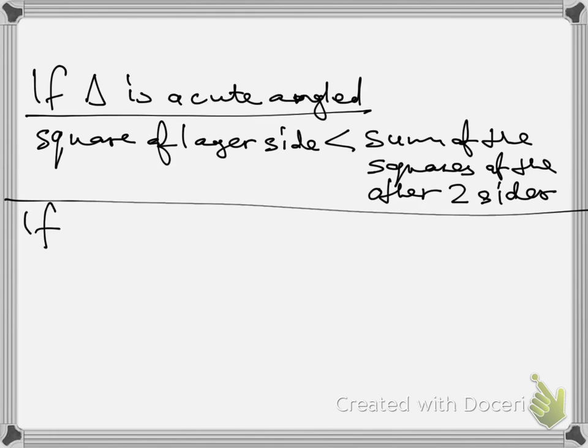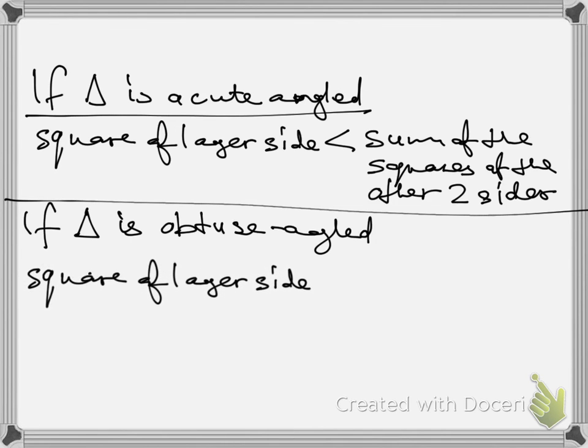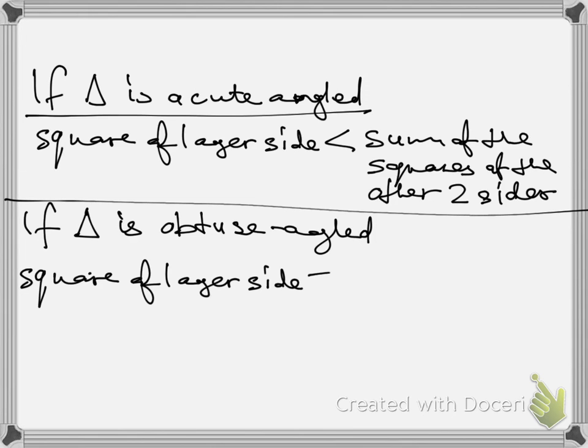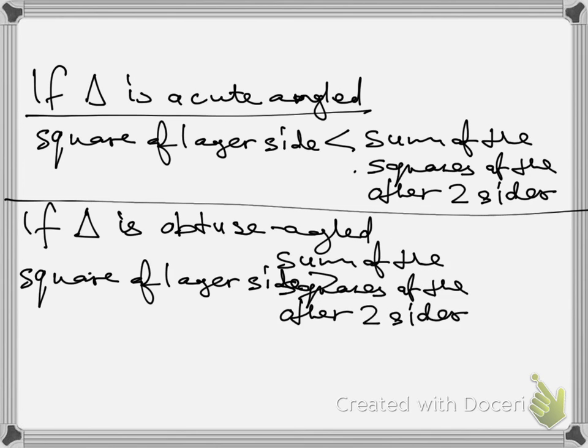And if a triangle is obtuse angled, then the square of the longer side is greater than the sum of the squares of the other two sides.